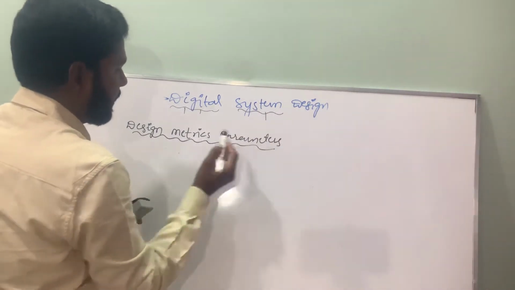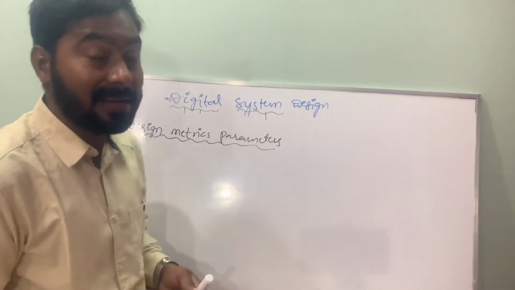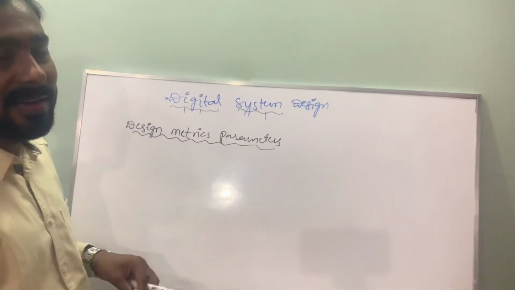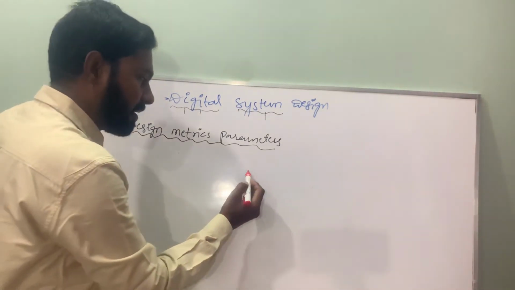What parameters are involved in designing an electronic circuit or digital circuit? The major parameters are four.